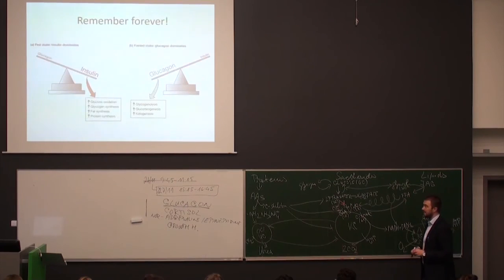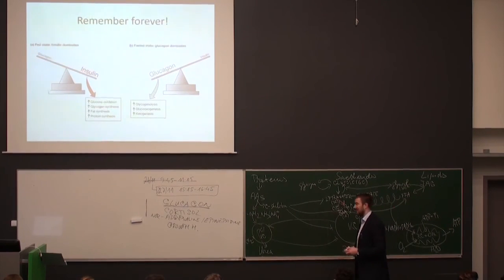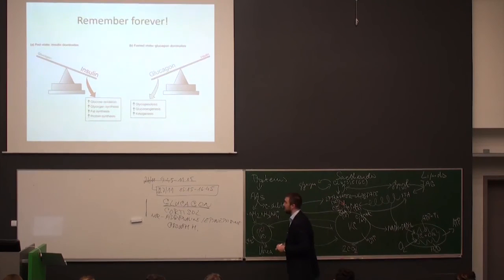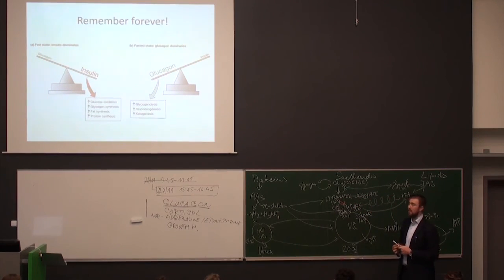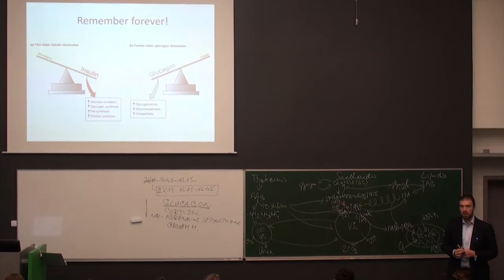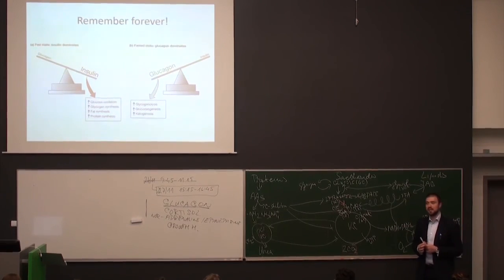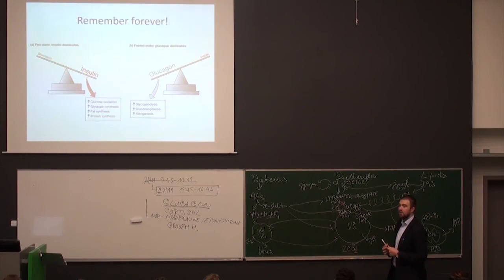If we make a simplification, what you can take today is this basic picture. Insulin is the hormone that's typically produced after a meal. That means in the well-fed state, when you have nutrients in your GI tract and you want to utilize them.